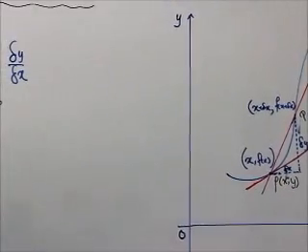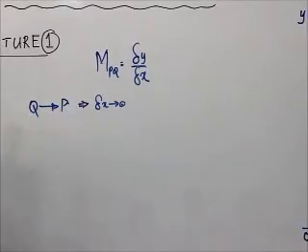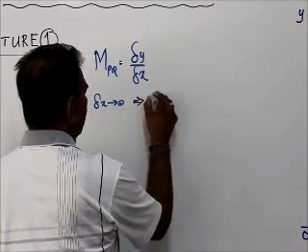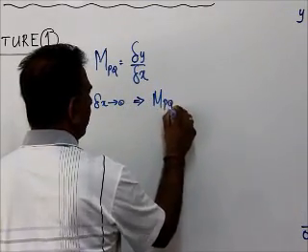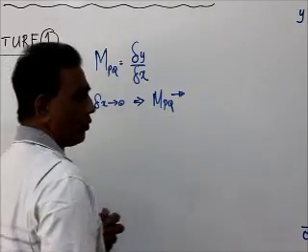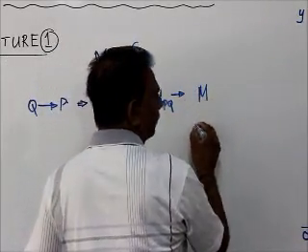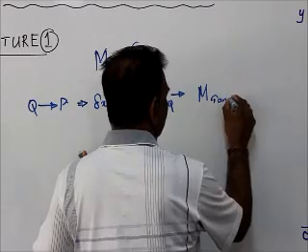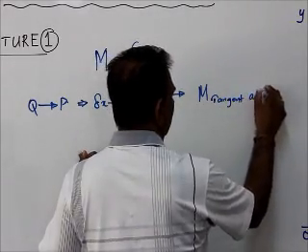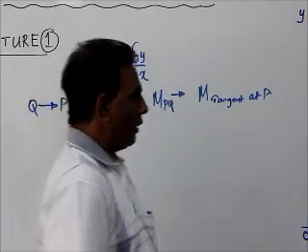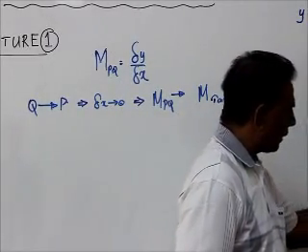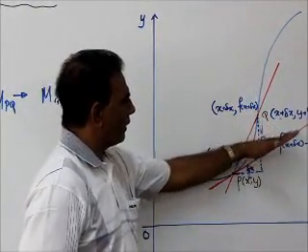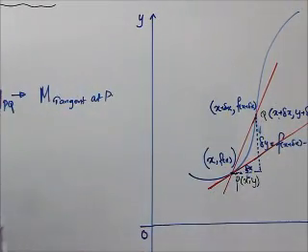Or the other way, if delta x tends to 0, then Q tends to P. In this case, the gradient of PQ tends to the gradient of the tangent at P. So if Q moves along the curve up to P, the line moves like this, and finally that is the tangent at P.